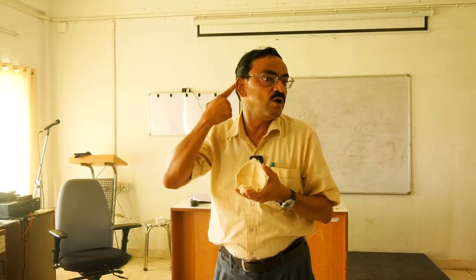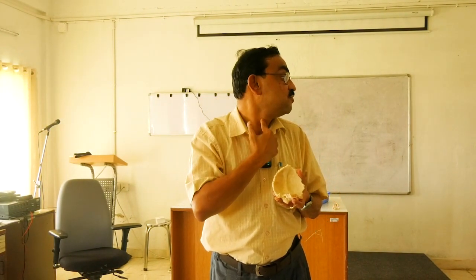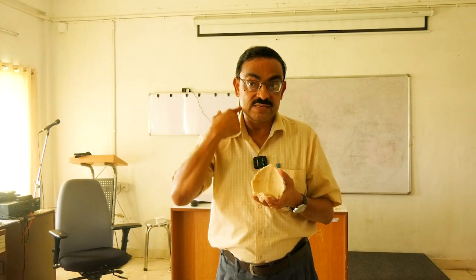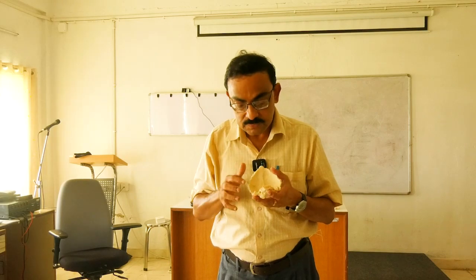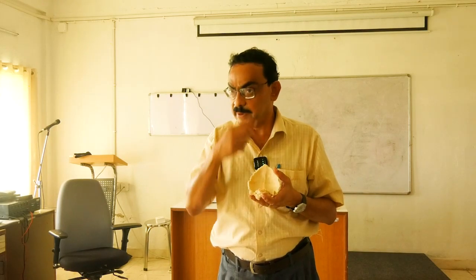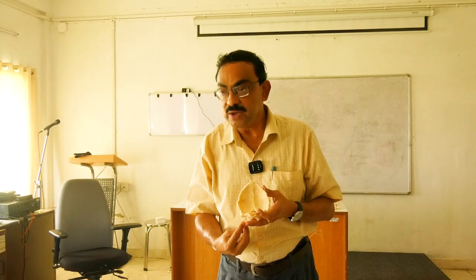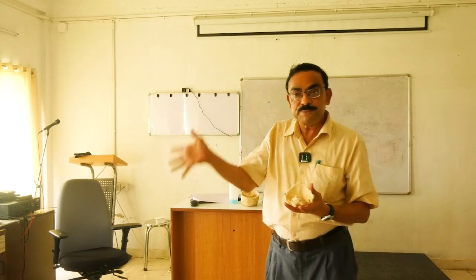We also find the external jugular vein. We can see it very properly: this is the external jugular vein and this is the internal jugular vein. Here we get the bulb of the superior jugular vein on the right and left side.